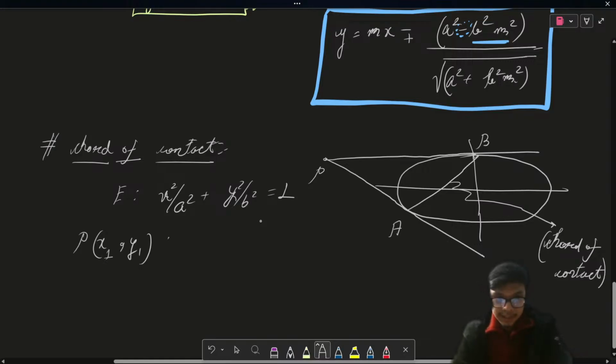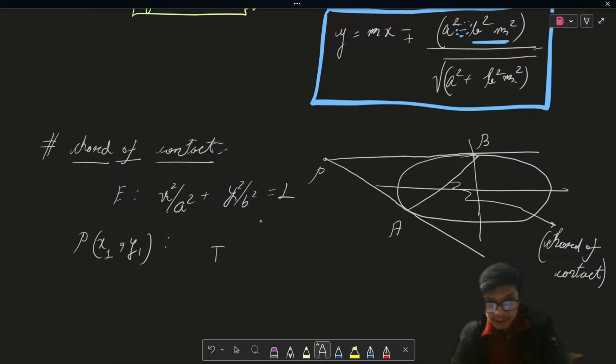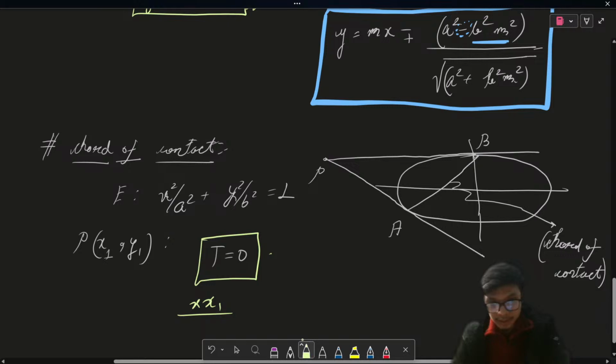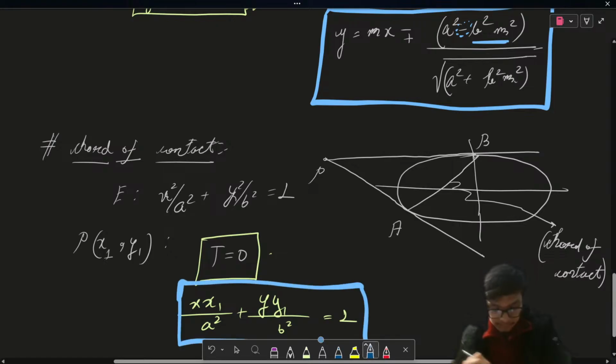All right, so I can easily obtain the equation of the chord of contact by doing the transformation S1 is equal to 0, right? The transformation remains the same, that is T is equal to 0, and that can be given as x into x1 by a square plus y into y1 by b square is equal to 1. This was the transformation for T equals 0.